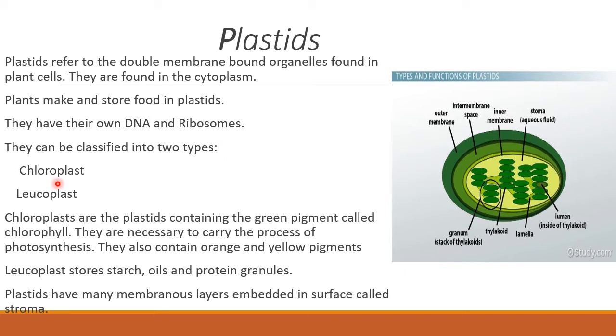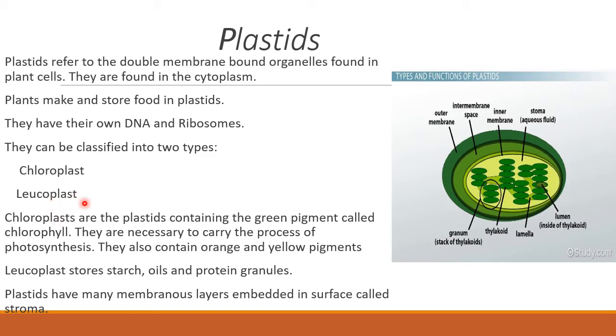Now, plastids can be classified into two types depending upon their function. First one is the chloroplast and second is the leucoplast. So, chloroplast is what? It is a type of chromoplast. Don't be confused with the term chromoplast. Chromoplasts are nothing but a type of plastids which are colored. So the colored plastids are called chromoplasts, and one type of chromoplast is the chloroplast.